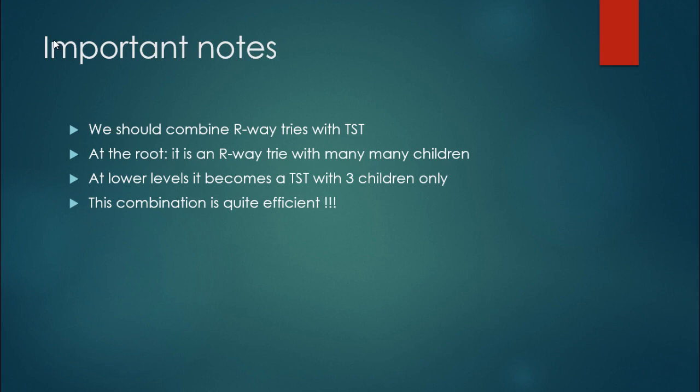Because that is one of the most important differences between a ternary search tree and a trie. The tries can have as many children as we want, but a ternary search tree has 3 children: a left, a middle, and a right. I mean, not always. It can be a null pointer, of course, but it can have at most 3 children. So this combination is quite efficient, so we can make use of the tries and the TSTs, of course.